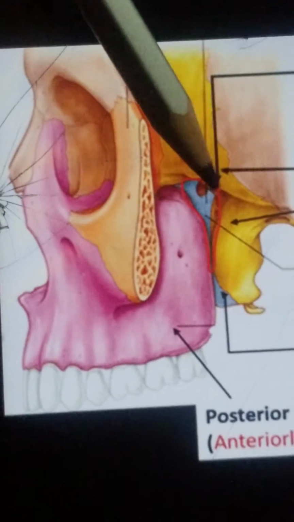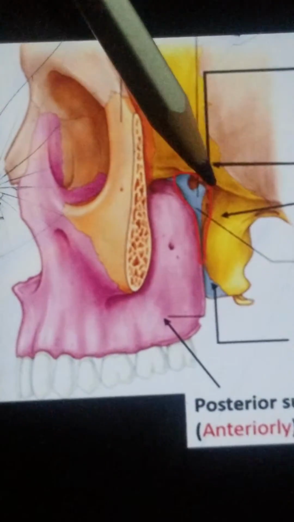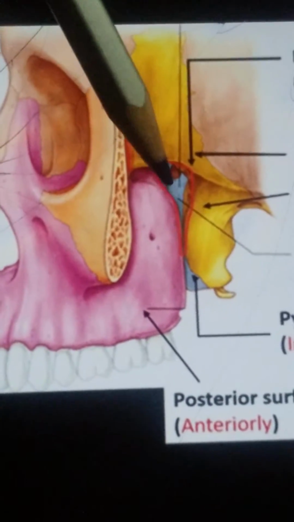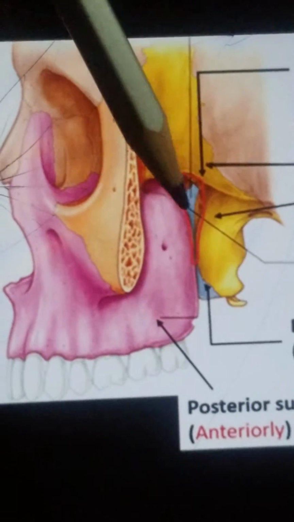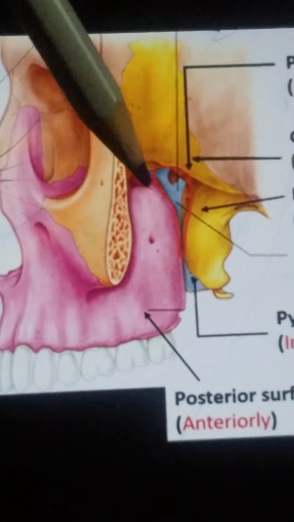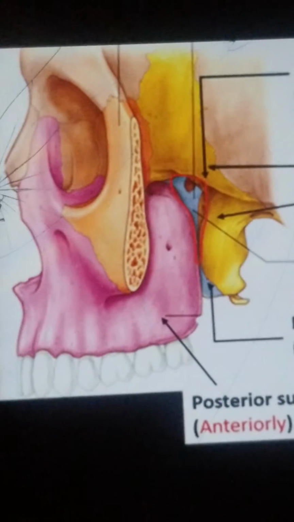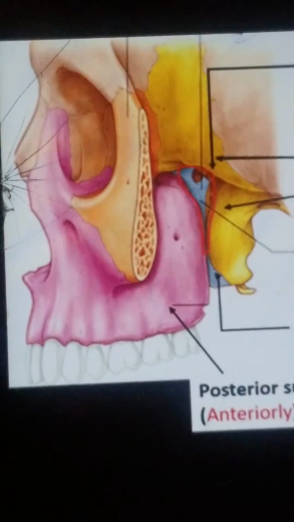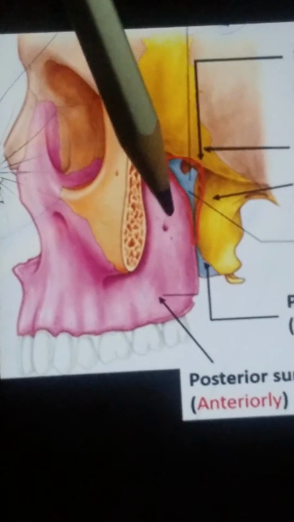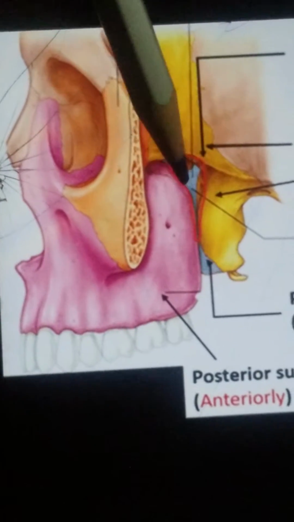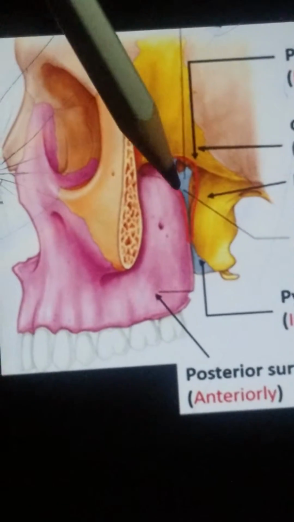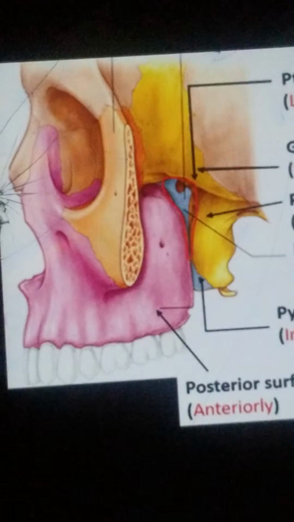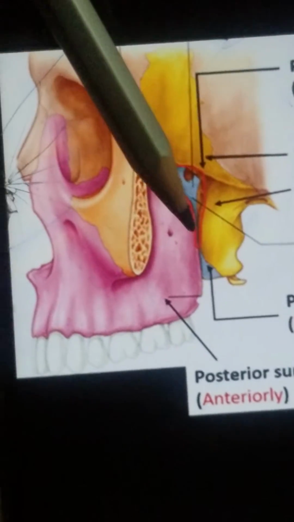So the lateral boundary is the pterygomaxillary fissure, and inside this pterygomaxillary fissure, there is the pterygopalatine fossa. So these are the 6 boundaries: anterior, posterior, superior, inferior, median, and lateral. Median is by the perpendicular plate of palatine, and lateral by the pterygomaxillary fissure.